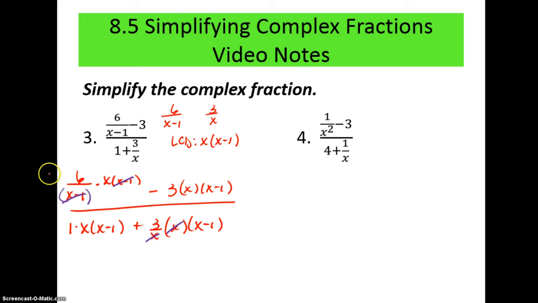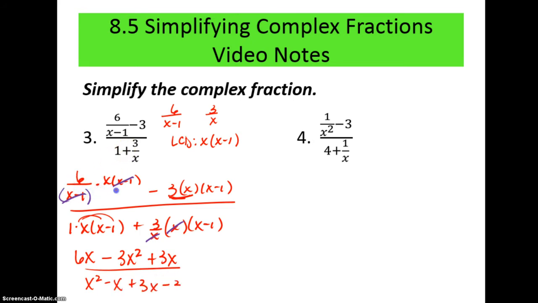So I have 6x left here minus, if I go ahead and distribute this, look at this as 3x, so it would be minus 3x squared plus 3x over, on the bottom, distribute here, I would have an x squared minus x and plus 3x minus 3 when I distribute that 3.